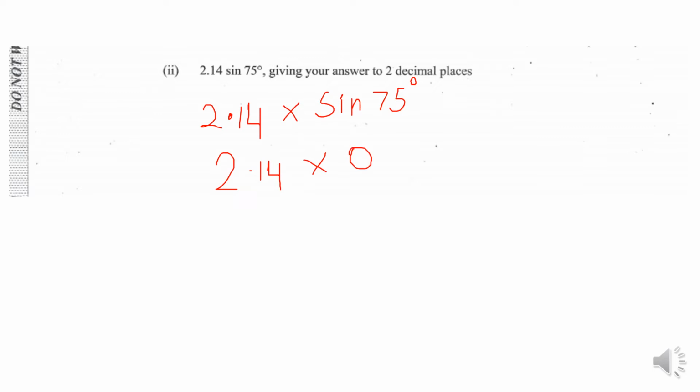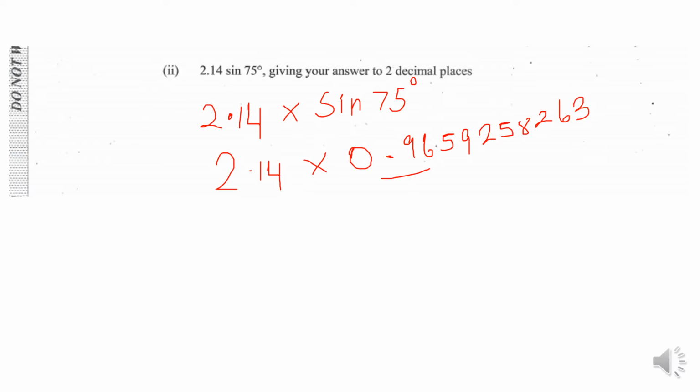On your calculator, you're going to see 0.9659258263. I'm just doing this so that you can verify you're getting the same thing. This is what you're going to see on your calculator. When you see this, all you need to do is multiply it by 2.14.